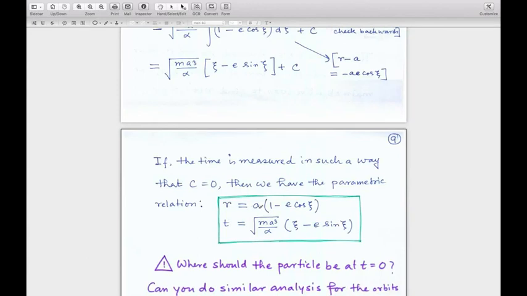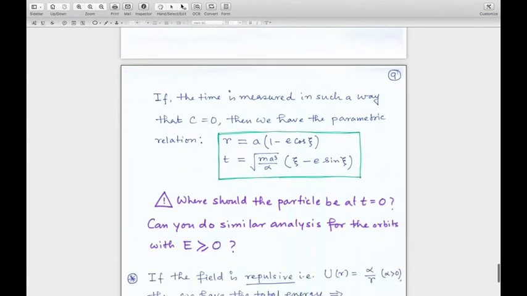So r will simply be a times 1 minus e cos xi. That is easy to see from the definition of this new variable. So r will simply be a minus a e cos xi, so a times 1 minus e cos xi, and t will be equal to root over m a cube by alpha times xi minus e sin xi.